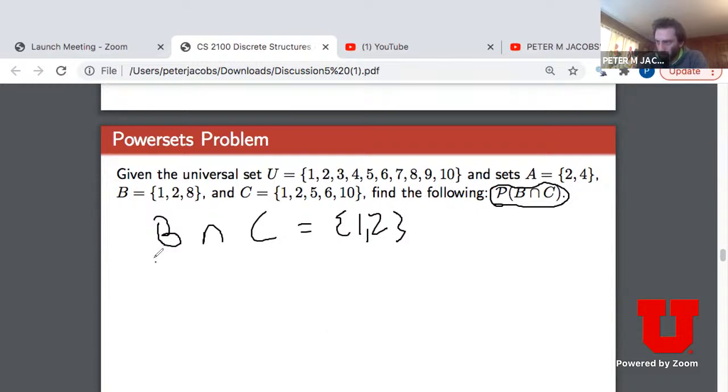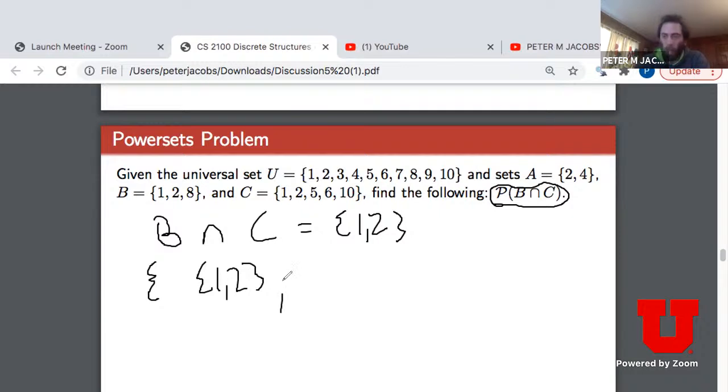The first one that Annika has written down here is {1, 2}. So {1, 2} is indeed a subset of B intersection C. It's equal to B intersection C, and it is a subset as well.